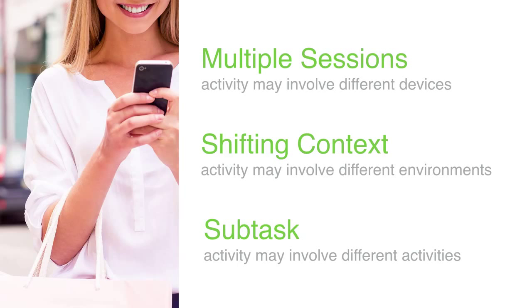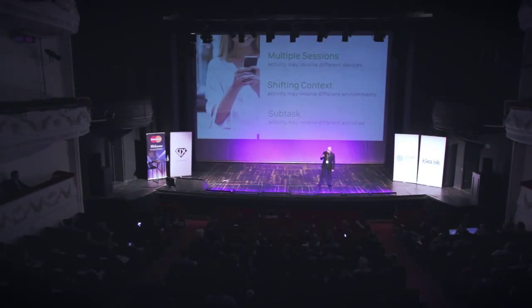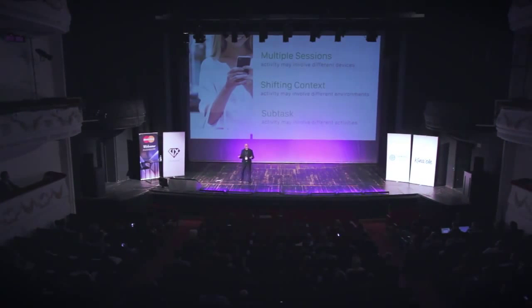So in the continuous scenario, we can have two main kinds of activity plus an edge case. We said one is defined by multiple sections, when the activity may involve different devices. Another one is the shifting context, when you need different environments, and the activity involves different environments.